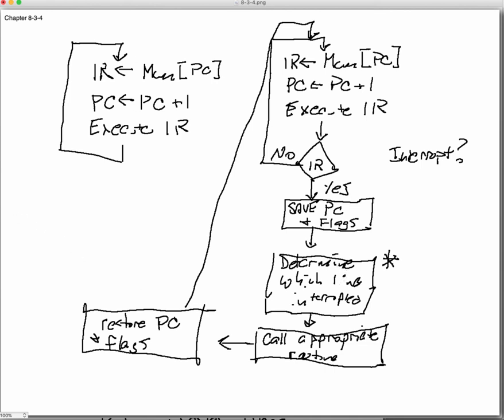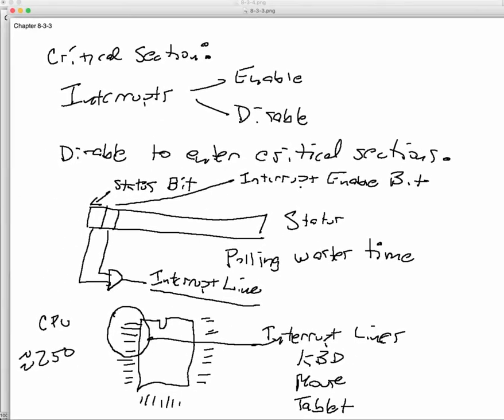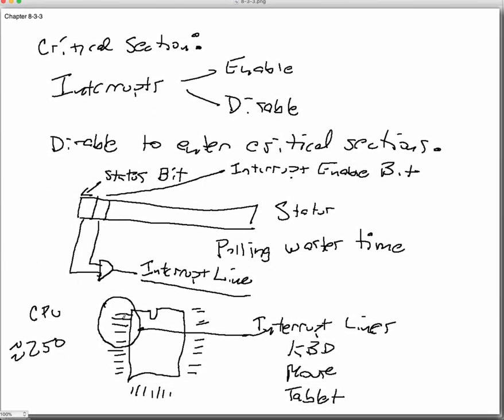Remember, any one of these lines over here could cause the interrupt. So I want you to think about something. Somewhere the designers of the computer have written code that says, okay, I'm going to check: did this line cause the interrupt? If the answer is no, go check this line. Did this line cause the interrupt? If the answer is no, go ahead and check this one. Did this line cause the interrupt?